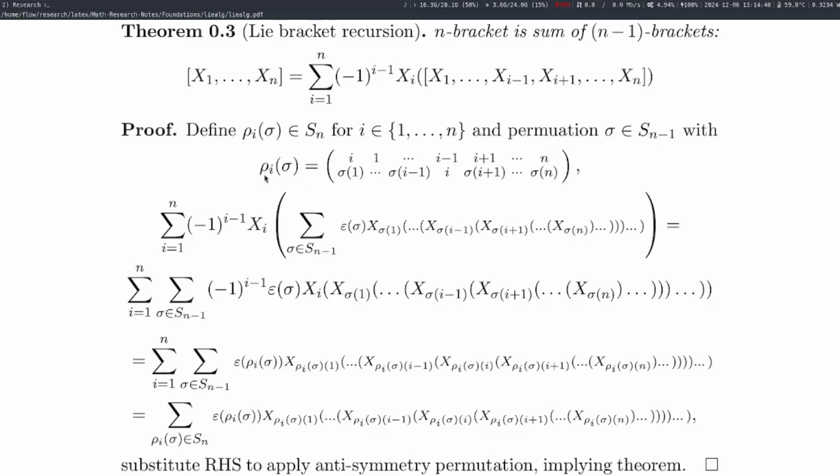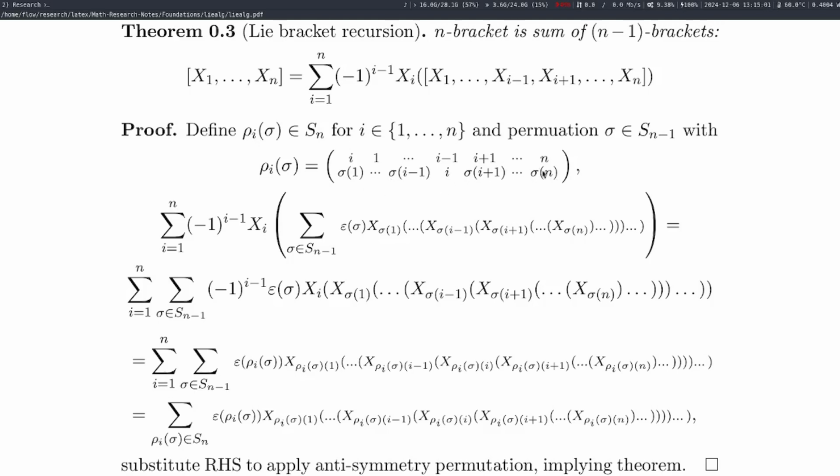We define rho_i of sigma as a permutation like this. It takes i, 1 through i minus 1, and then i plus 1 to n, and it transforms it to sigma 1, sigma i minus 1, i, and then sigma i plus 1, sigma n.